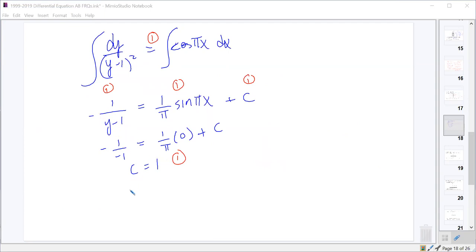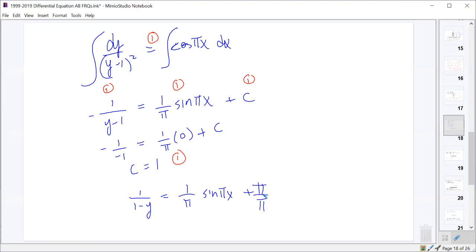If we distribute the negative through there, that's 1 over 1 minus y equals 1 over pi sine pi x plus 1. If we get a common denominator here, that'll be pi over pi instead of 1.